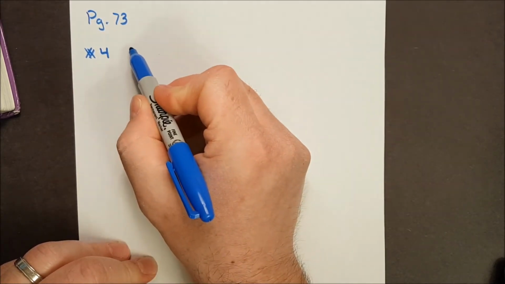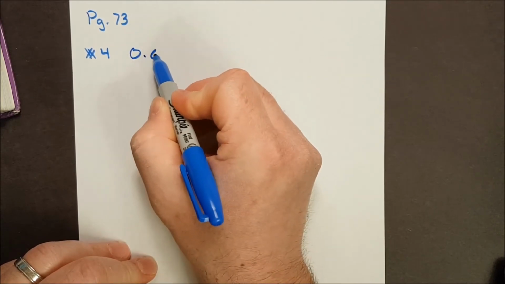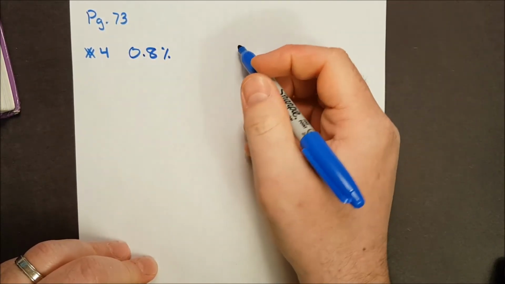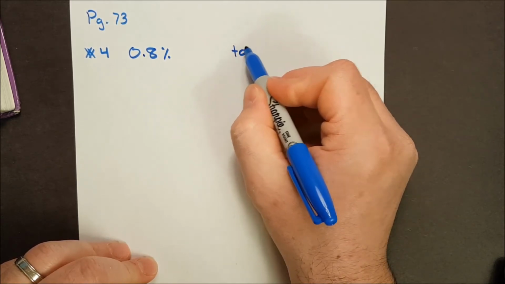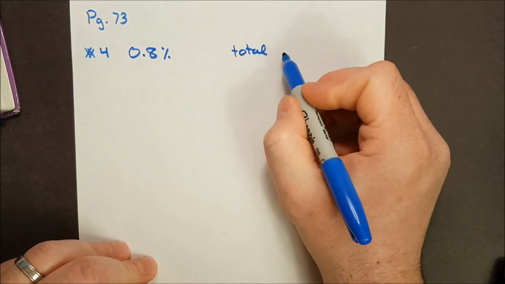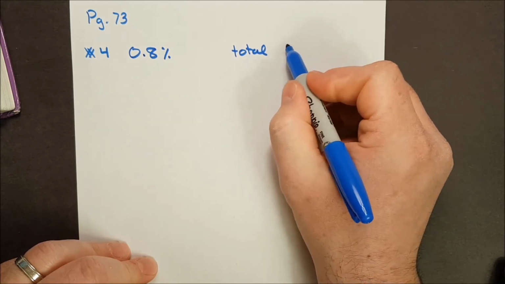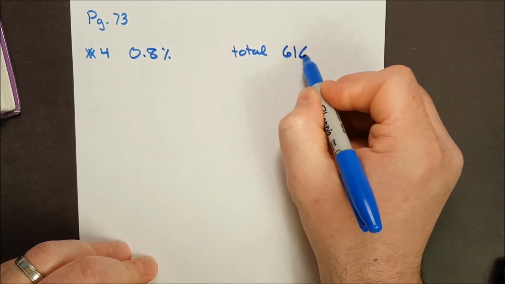Okay, so we are given 0.8% and a total of 618 runners.